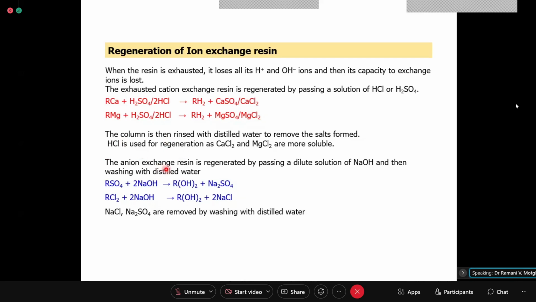Then the anion exchanger resin is treated with NaOH solution. The resin which has been exhausted, forming RSO4 or RCl2, reacts with NaOH and forms 2 ROH plus Na2SO4 or NaCl.